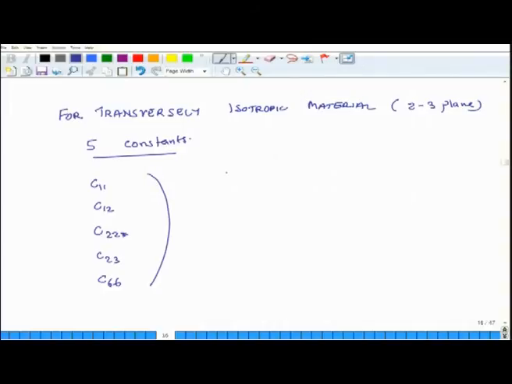C33 equals C22, C13 equals C12, C55 equals C66 and C22 minus C33 divided by 2 is equal to C44. So, for a transversely isotropic material, that is the thing.